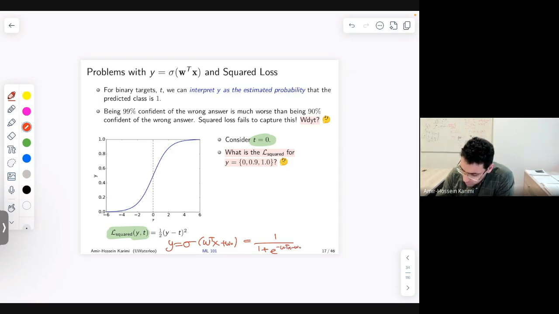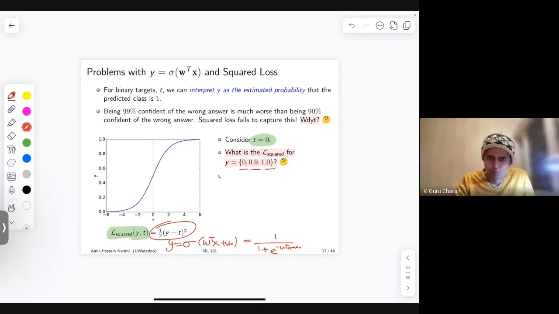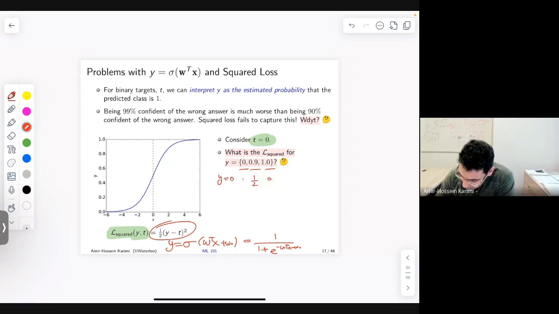Okay, so what is the value of the squared loss for different points in y? Can someone help me out here? This is the loss. What is the value of the loss for y equal to 0? 0. That is 1/2 of (0 minus 0) squared, which is equal to 0.